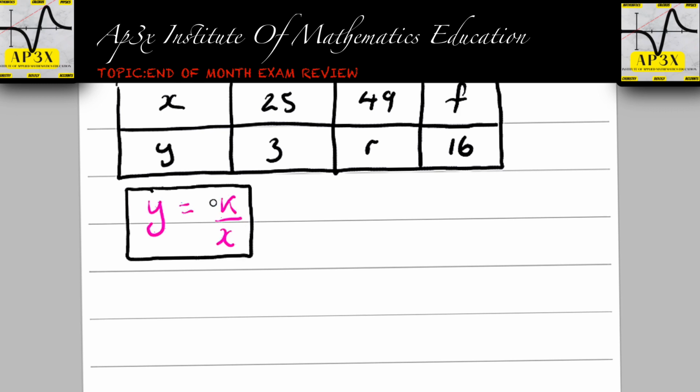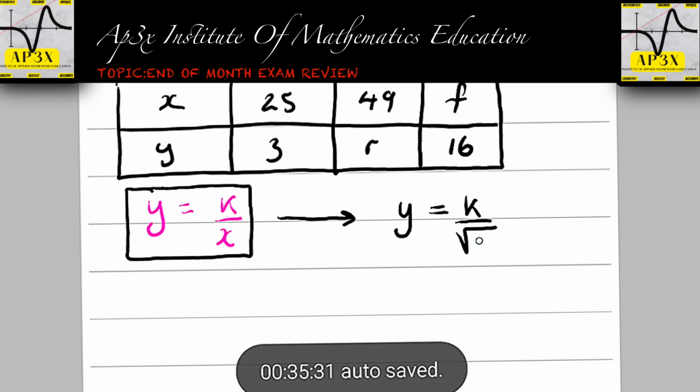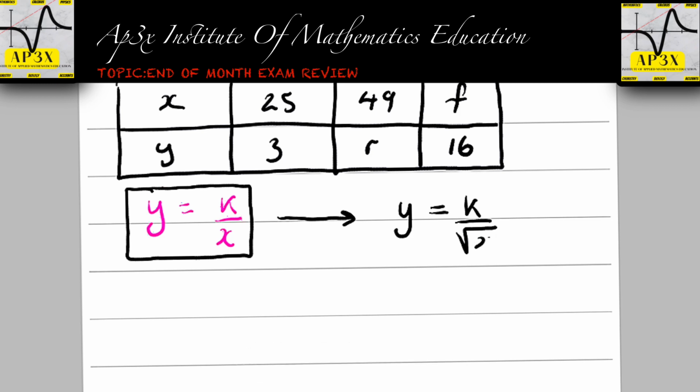So this here, y equals k over x, is the basic form of an inverse variation, but there's an adjustment to the formula. It did say that y varies inversely as the square root of x. I saw persons also writing x to the power of 2. That is lacking in knowledge of what the square root sign and the square sign are.